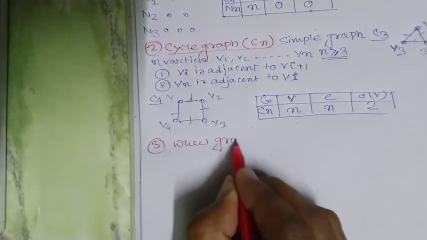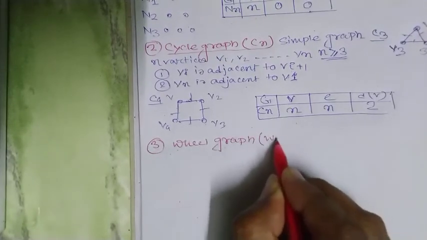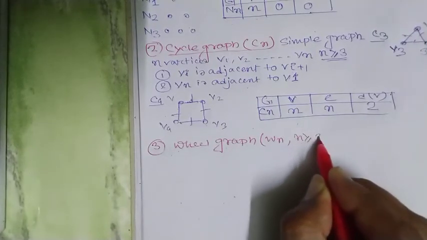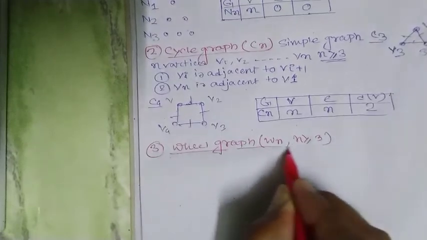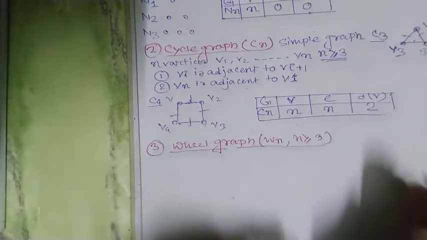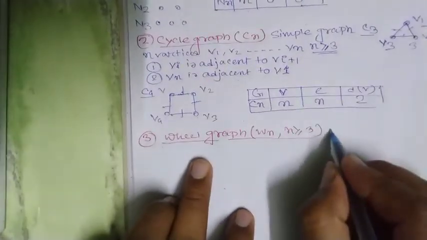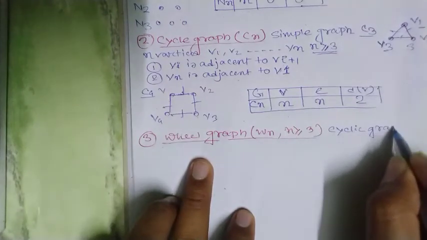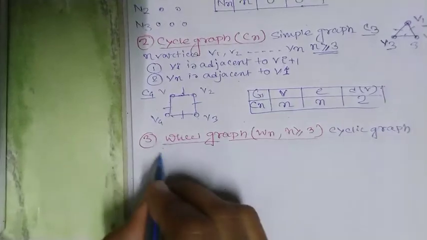Now move on to the next example that we have, that is the wheel graph, Wn, and here also n is greater than or equal to 3. Okay, so the wheel graph is mainly a cycle graph. But what is the difference from the cycle graph?